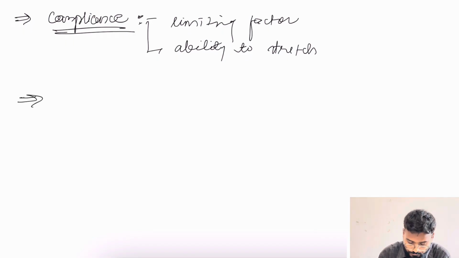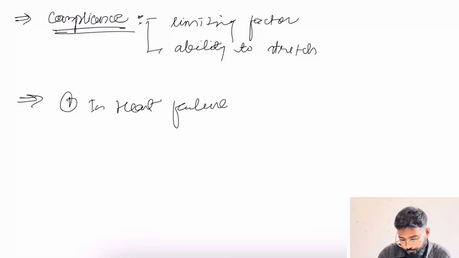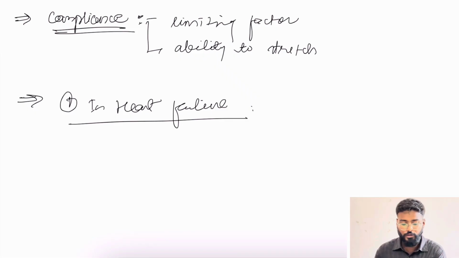You can see in the case of heart failure, the heart is not able to pump enough blood to suffice the demand of your body, to suffice the demand of the cells of your body.